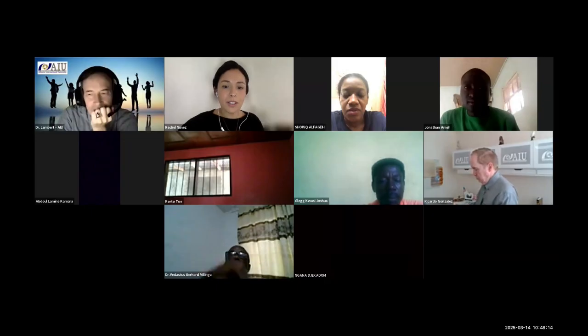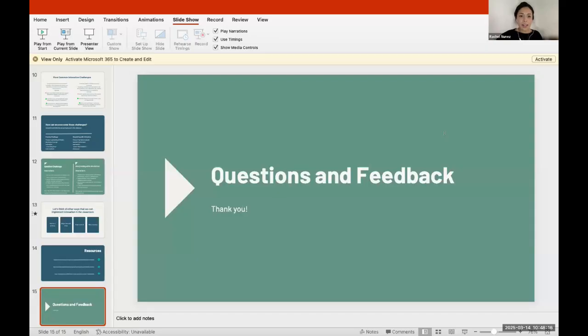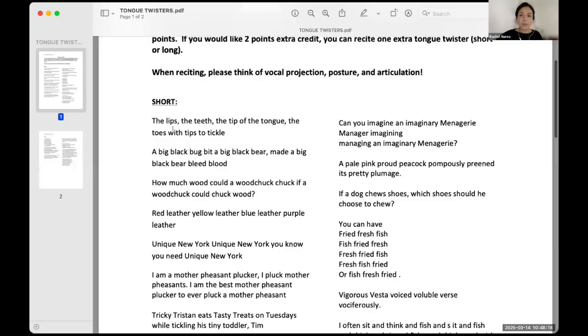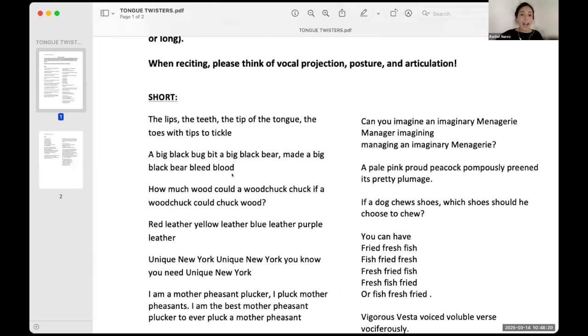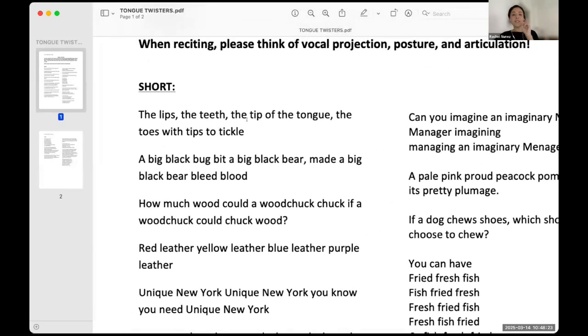Okay, so first I'm going to read it, try to pronounce it with the best fluency that I can. And I'm going to pick a tongue twister that's very difficult with a sound that we see, as I mentioned in my presentation, there's a lot of confusion with the T sound and the TH sound.